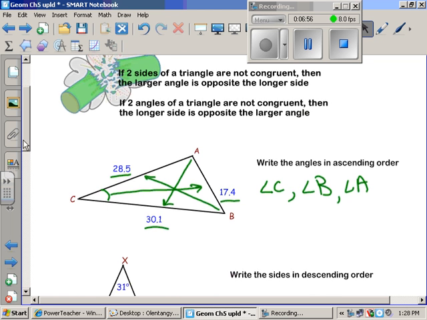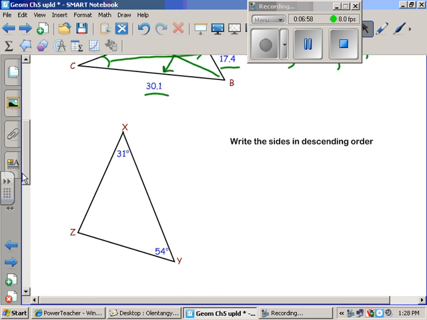Okay, and the opposite is true. The smallest side is across from the smallest angle. So first of all, I've got to find the missing angle. So 31 plus 54 is 85. So that means this angle is 95 degrees. Okay?